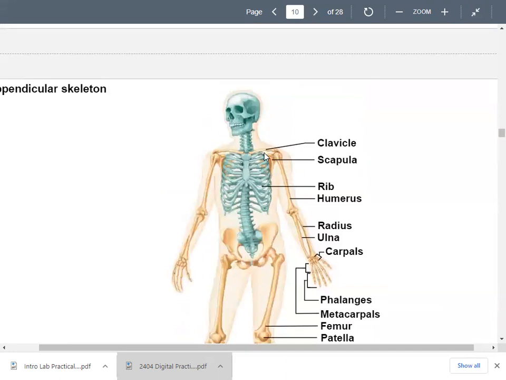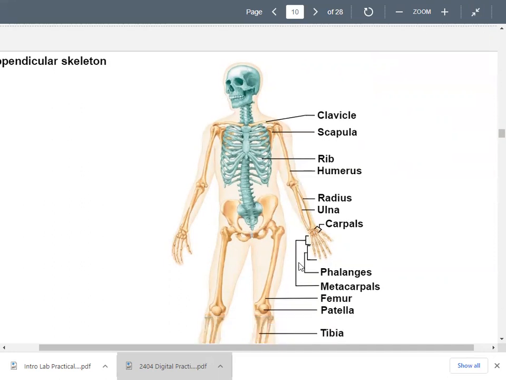So, right, there's the clavicle, scapula. Okay, you've got your humerus, then the radius on the thumb side, ulna on the pinky side, carpal bones, metacarpals, phalanges.